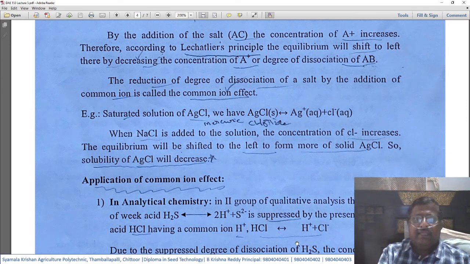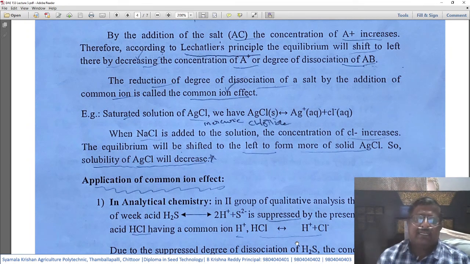See, when silver chloride is dissociating in water solution into silver Ag plus ions and chloride ions, if sodium chloride is added to this solution of AgCl, then naturally this Cl concentration will increase, because silver chloride has chlorine and the sodium chloride also has chlorine.